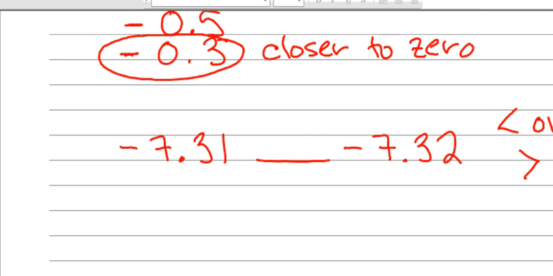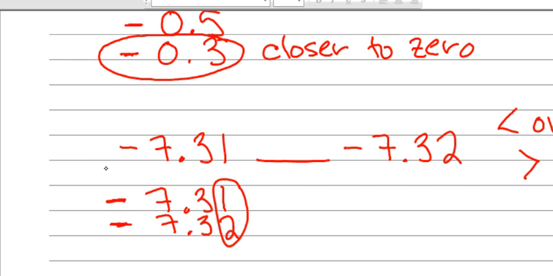Either way you want to look at it. So if we line them up, they match up everywhere except here. And I'm not doing negative yet. So 7.32 would be bigger, and 7.31 would be smaller.